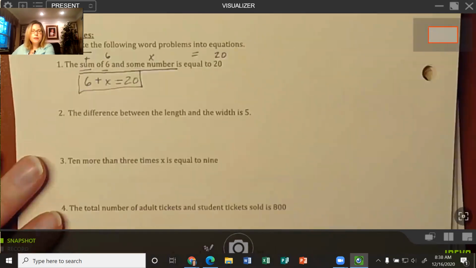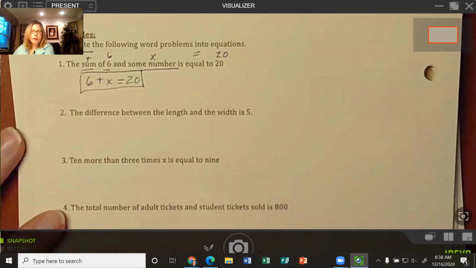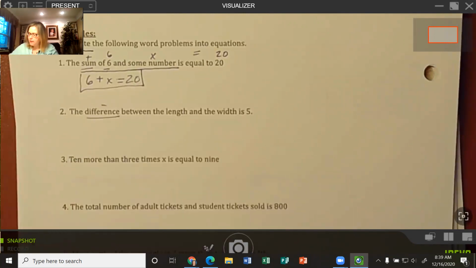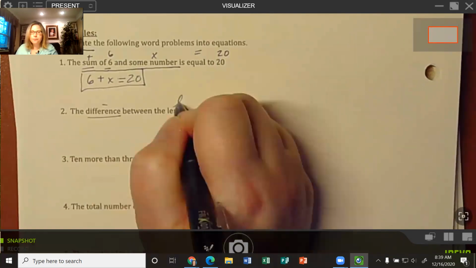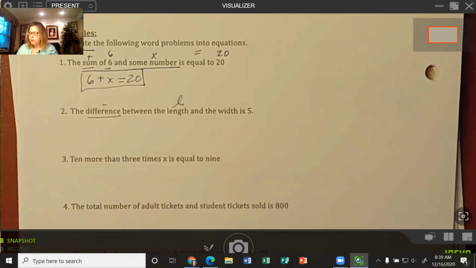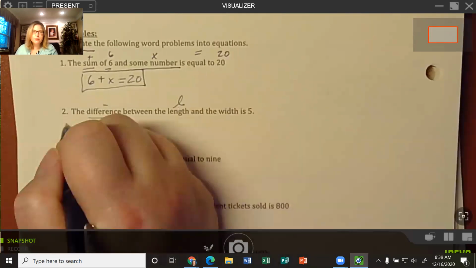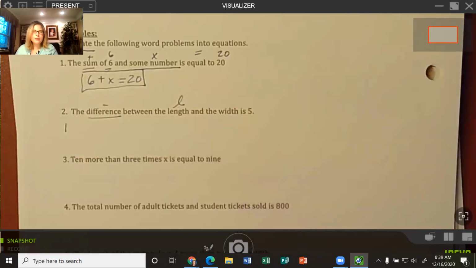Number 2, the difference between the length and width is 5. So you have to be very specific when we're looking at division and subtraction because order matters. So when we have the difference, we know we're looking at subtraction, and then length will also represent that with L. And in math, we don't like to use a print L to represent the letter L because it looks like a number 1.